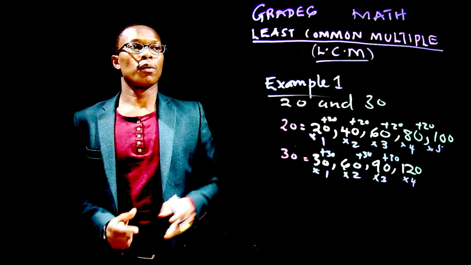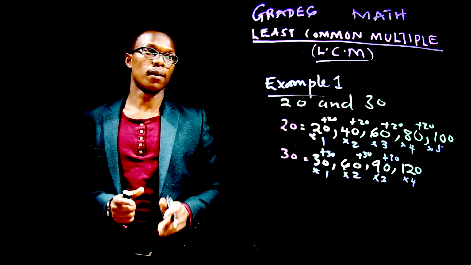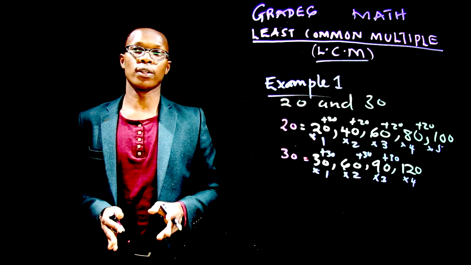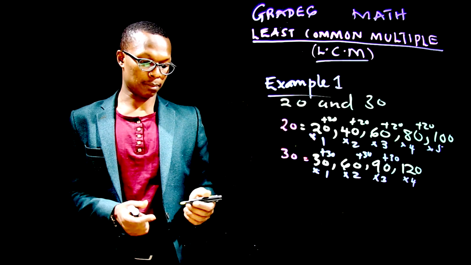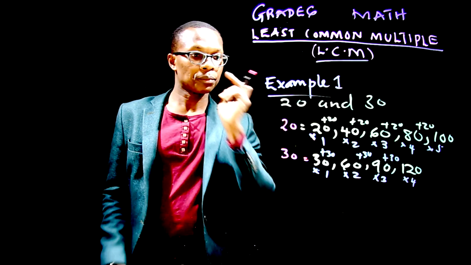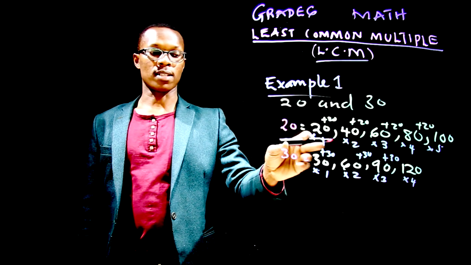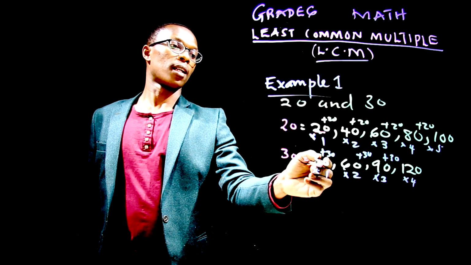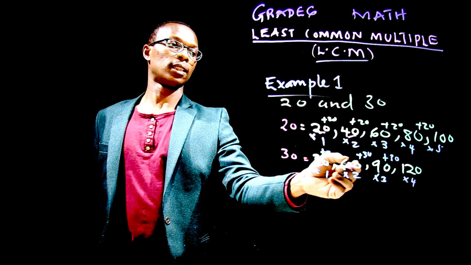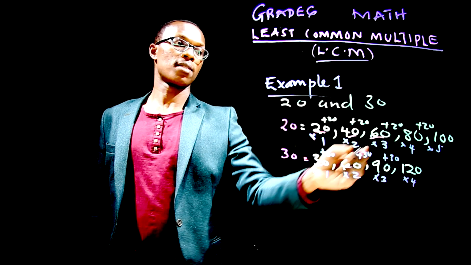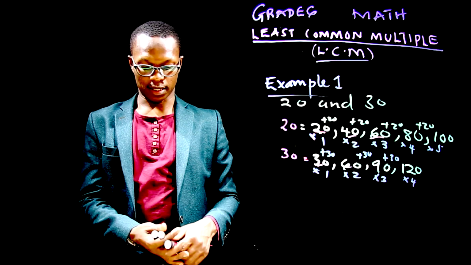Now we want to look at the least common multiple. When you look at the numbers, the least is the one that comes first. So 20, 30, not that one. 40, 60, not that one. We have 60 here, and we also have it here.